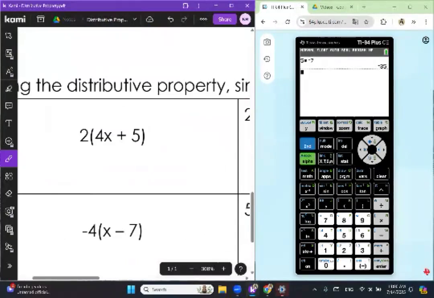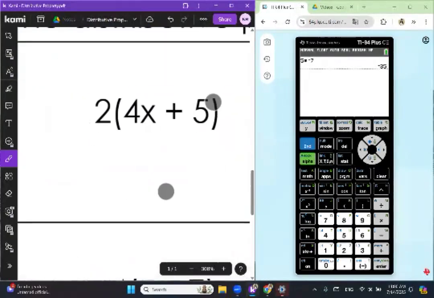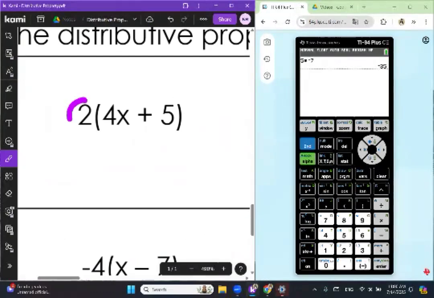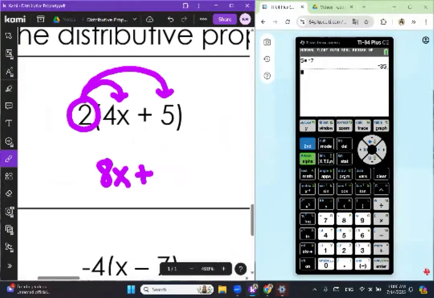Number 1. We have 2 times 4x plus 5, okay? Well, we're distributing the 2, and we're multiplying first 2 times 4x. 2 times 4 is 8, meaning 8x. And same thing, we take that 2 and multiply it by the 5. 2 times 5 is 10. Multiply, multiply, times, times.